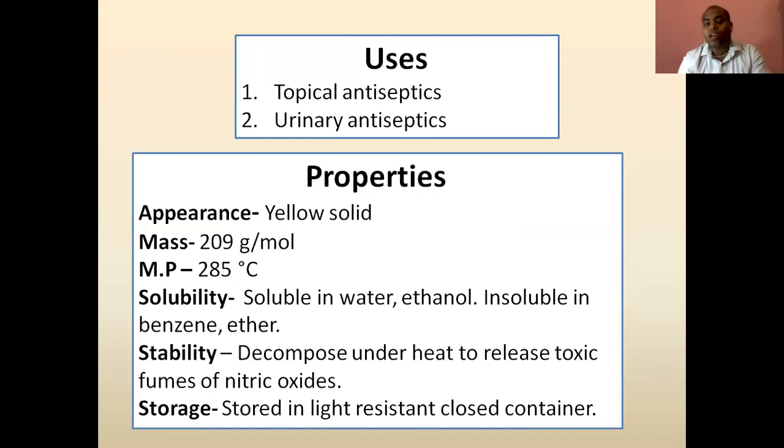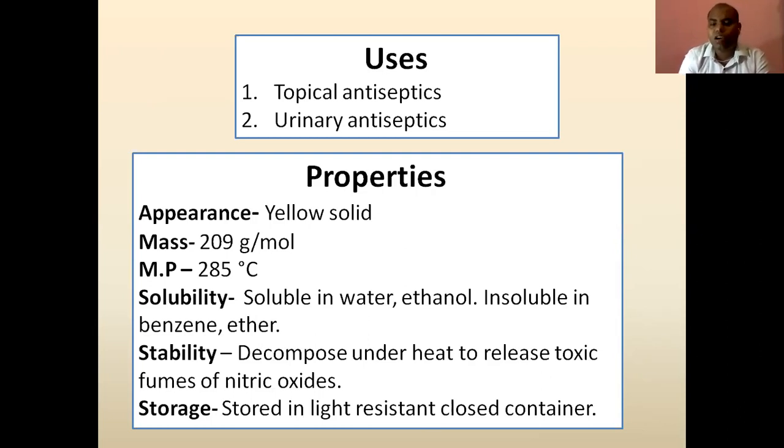They can be used for antisepsis over the skin and in the urinary tract. You don't have to take it orally to act as a urinary antiseptic; it is applied through the urinary tract from the outside.